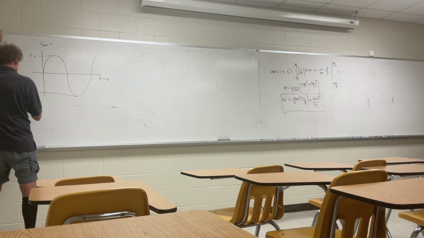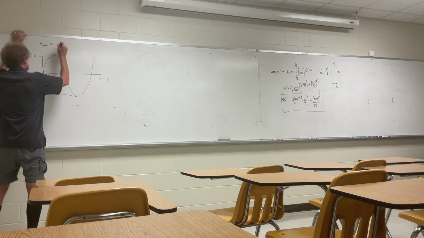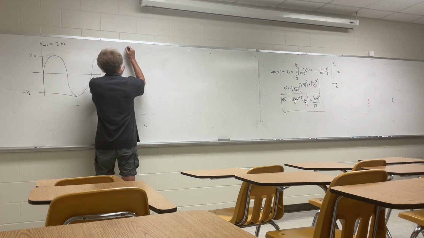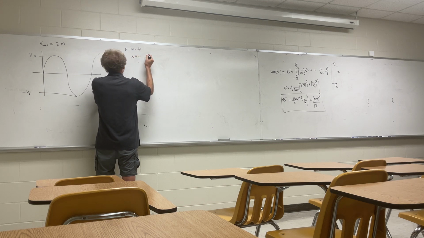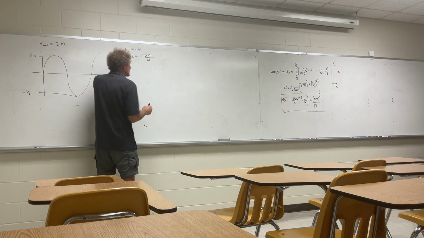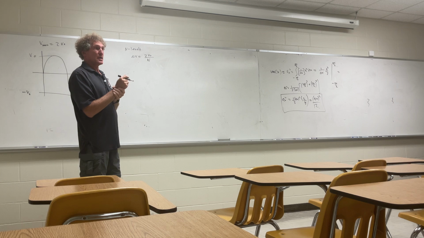Right here, minus V0. This is going to be 2V0. It's the total spread. And that means delta V, if we have n levels, delta V is just going to be equal to 2V0 over the number of levels. Do y'all follow me, class?